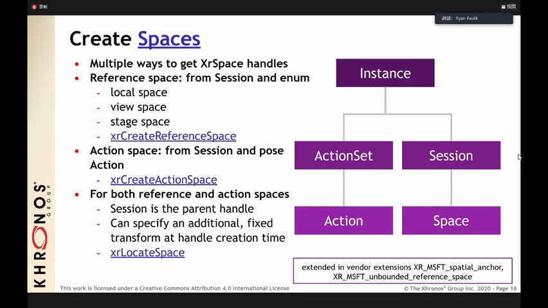Stage space can be considered a bounded area, standing play environment. Local space is a seated play space. View space is for control and rendering things that are head-locked. To get an XR space from these enums, you use XR create reference space.